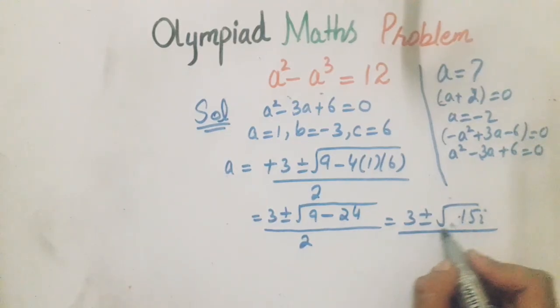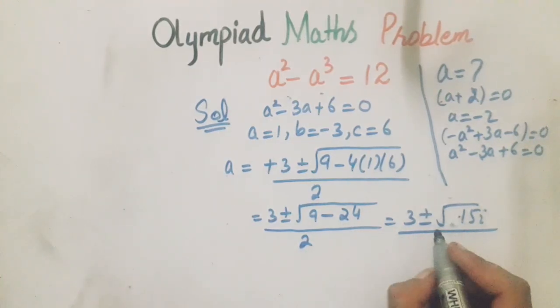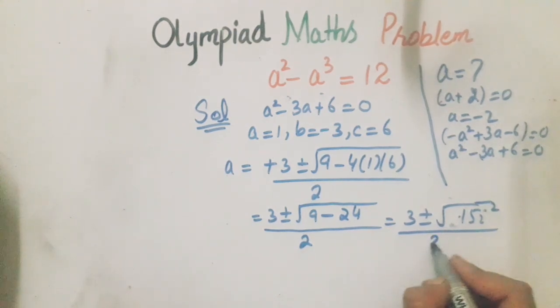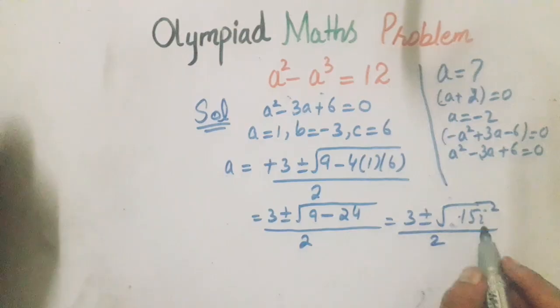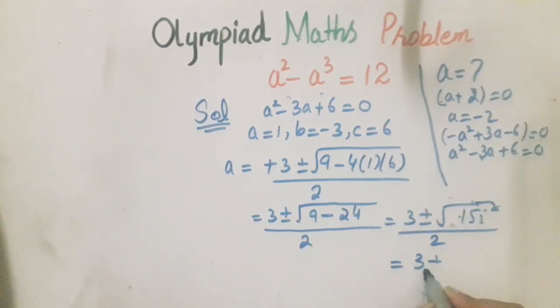Then minus 1 will be converted into iota square, so iota square root will be cancelled out by this square root, and we have 3 plus minus iota square root 15 divided by 2. So this is the root.